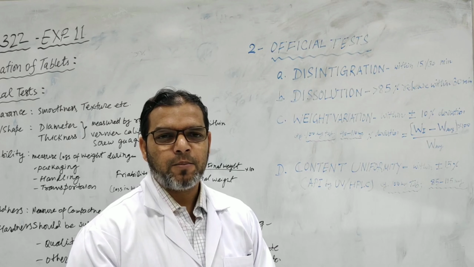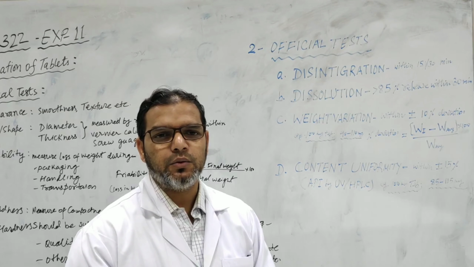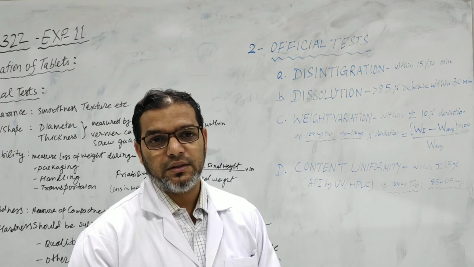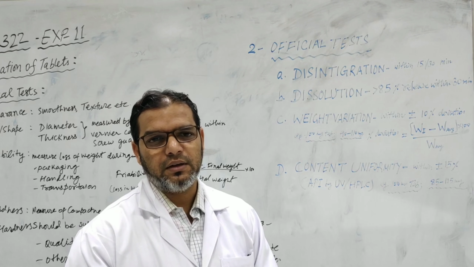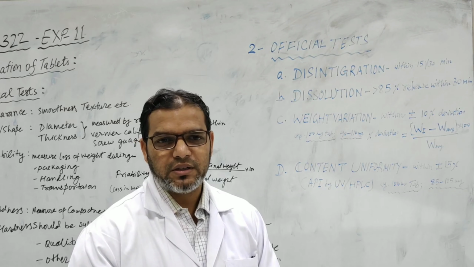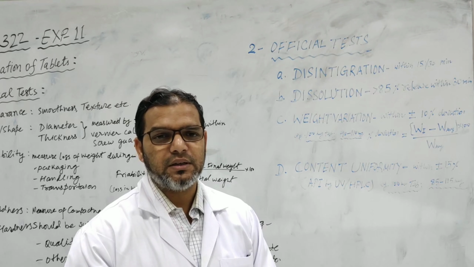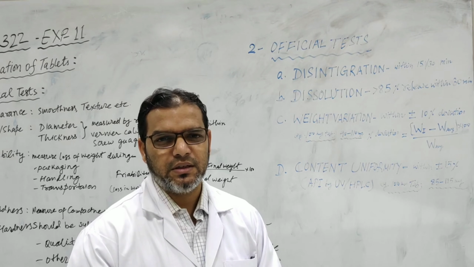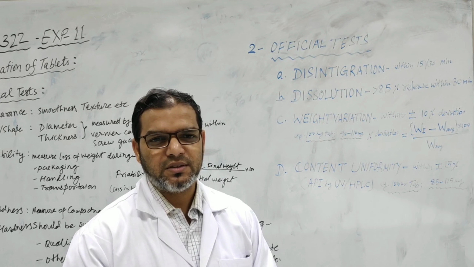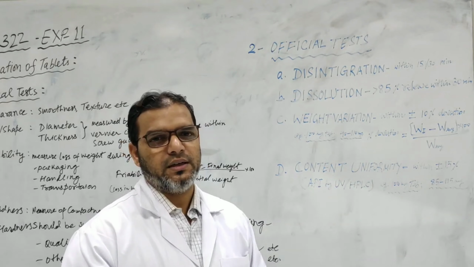The variation in the weight or variation in the content may lead to differences in the dose. Dose variation may be there, and it may sometimes be toxic if the drug has a narrow therapeutic index, or it may lead to no effect if it has a large therapeutic index, so it may be subtherapeutic if the variation is on the lower side.